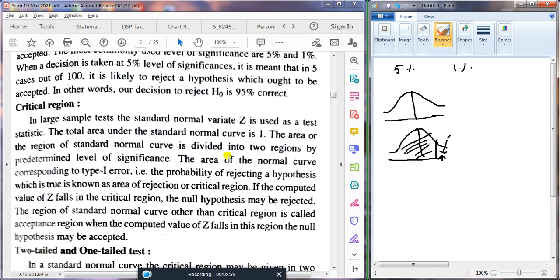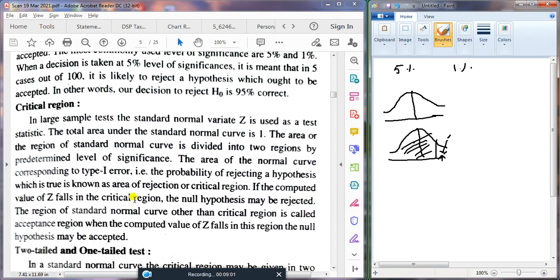The area of normal curve corresponding to type 1 error is known as area of rejection or critical region. Clear? तो acceptance region जो भी होगा वो आपका जो लिमिट बनेगा वो आपका acceptance region बनने वाला है.